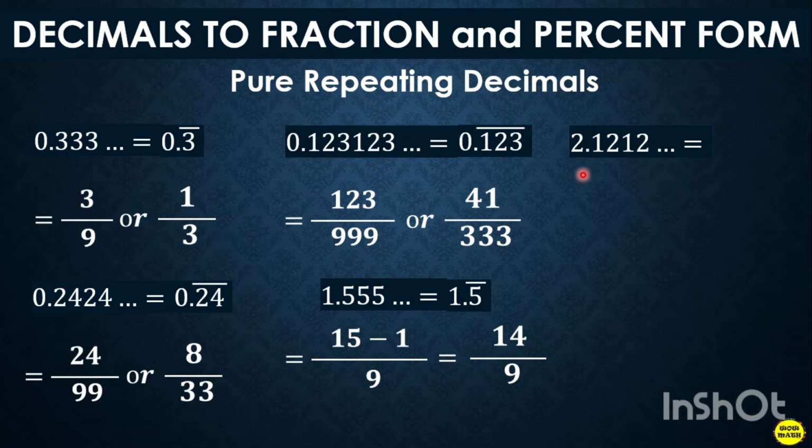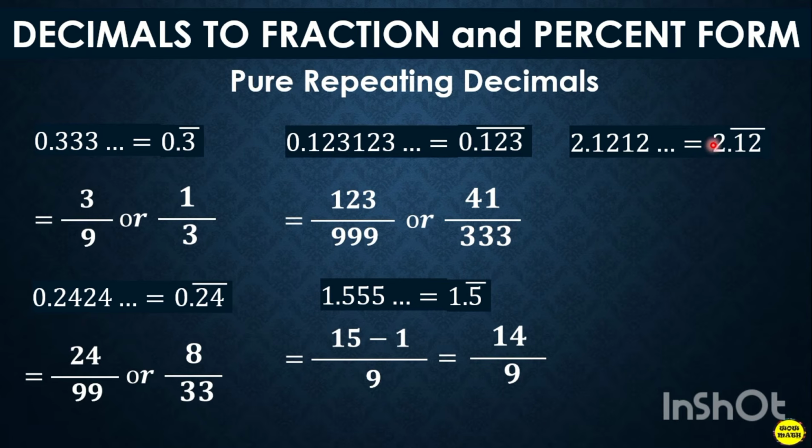Next. So, we have 2.1212 dot dot dot. So, when we rewrite this into vinculum pattern, we have 2.12 vinculum. So, yung vinculum natin above 1 and 2, kasi nauulit po si 1 and 2. Now, copy, kagaya po nito, kinopy natin, di ba, 15.